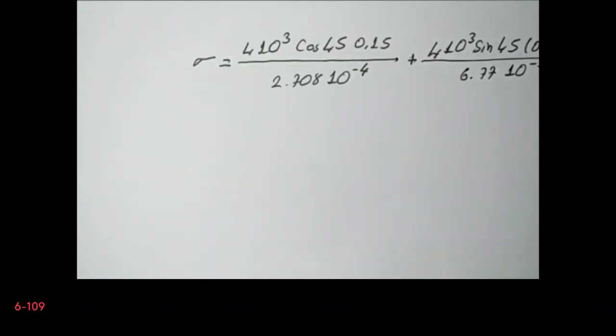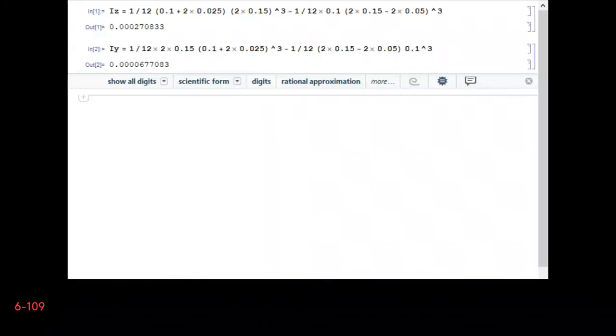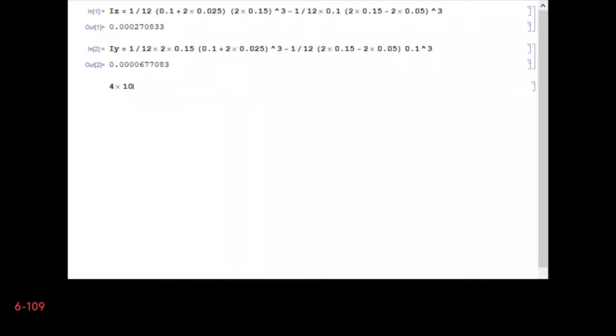Now let's calculate it with Mathematica. So M is 4 10 to the power 3 multiplied by cosine 45.